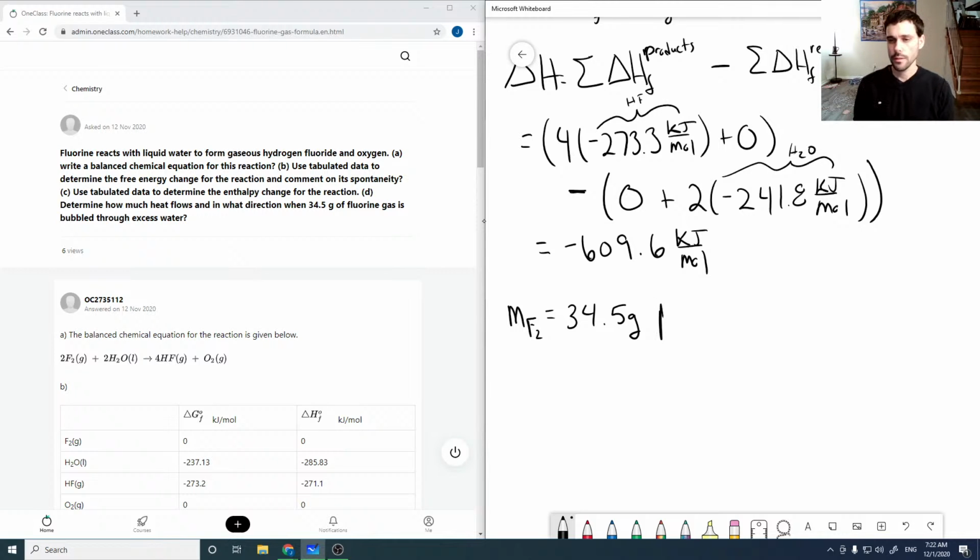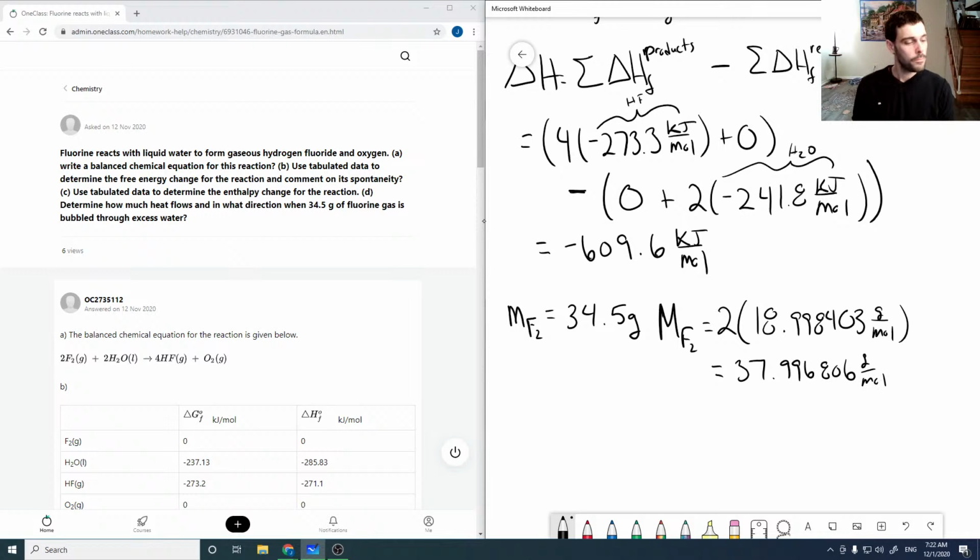So we need our molar mass. So our molar mass of fluorine is 2 times 18.998403 grams per mole, which is equal to 37.996806. And so our moles of fluorine are just equal to our mass over our molar mass.